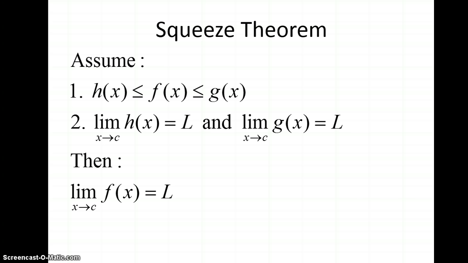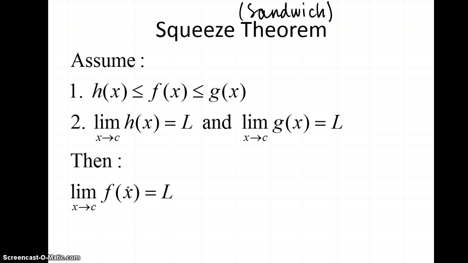Okay, the squeeze theorem. In some textbooks it's referred to as the sandwich theorem. 2 assumptions have to be made. Some function f is bounded below by a function we're going to call h and above by a function we call g. We know the limit of the lower function exists, and we're going to say its limit is L. And we know the limit of the upper function exists, and it's the same limit as the lower function.